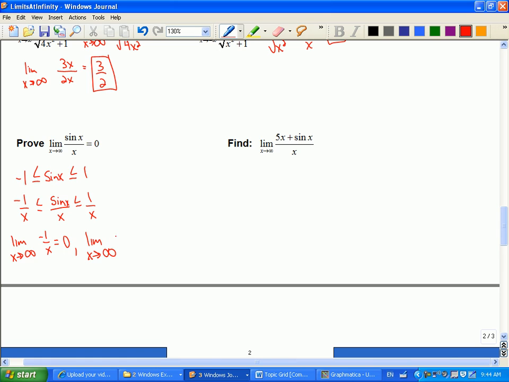And if I look at the two pieces, I can use them to tell you what's going to happen to the sine of x over x. Sine is stuck between -1 and 1. So I'm going to use the squeeze theorem to show you that as I go to infinity for sine x over x, these two bounds go to 0. Therefore, the middle one must also be a 0.